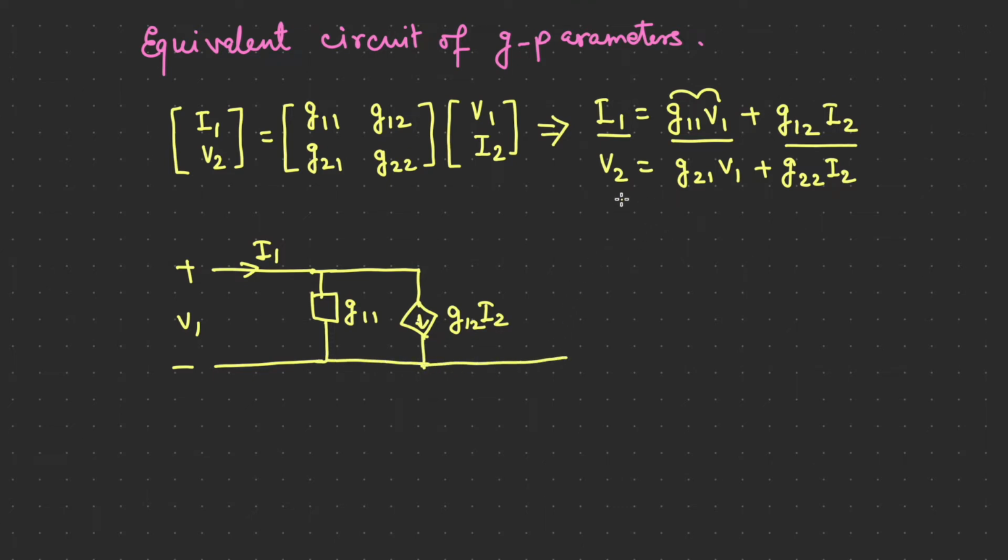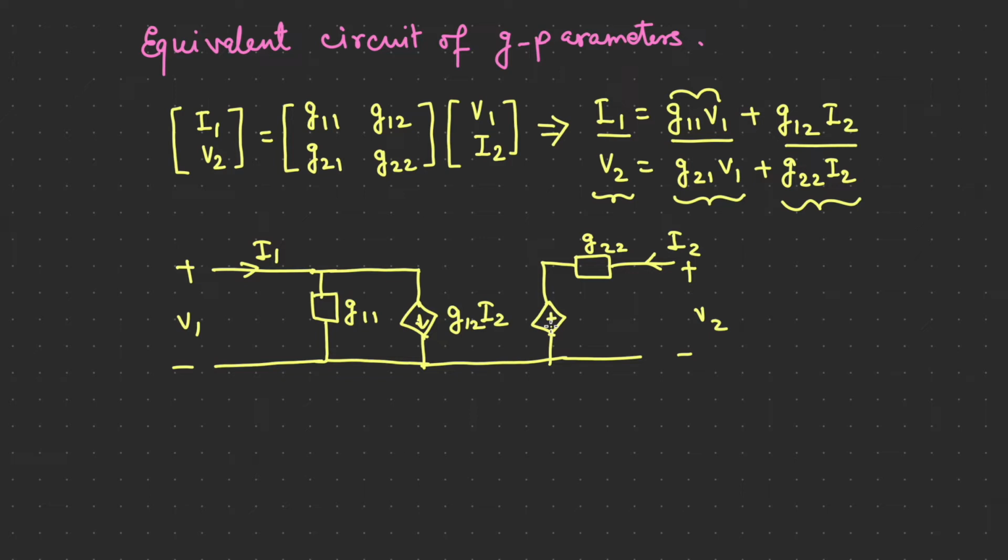Then on the right hand side, this is the addition of two voltage sources. So this voltage consists of G22 and I2. So that means we have incoming current as I2, where the voltage across this is V2. So this will be G22 over here, and then we will have a voltage source, plus and minus, and this voltage source will be G21 V1.